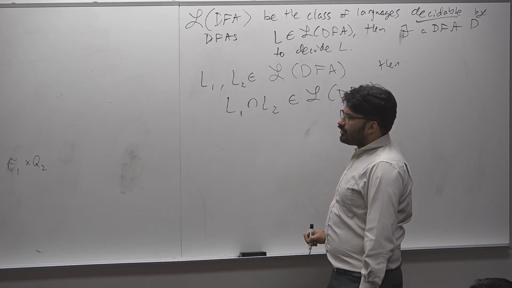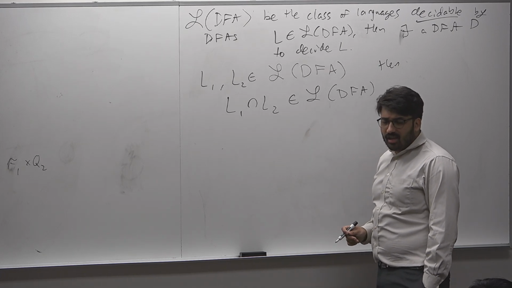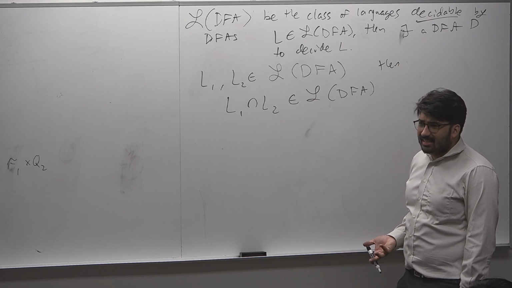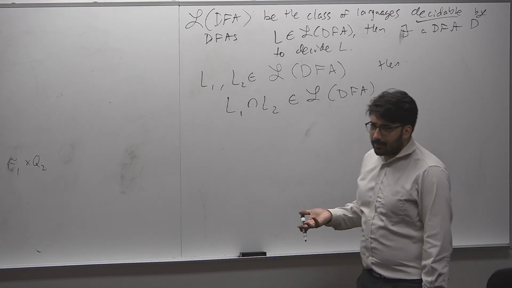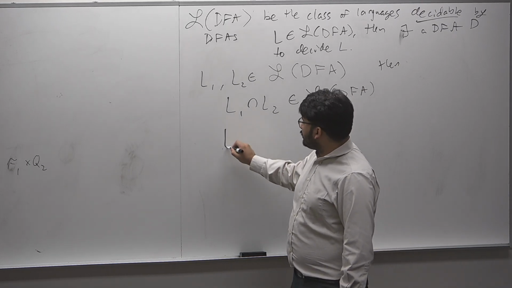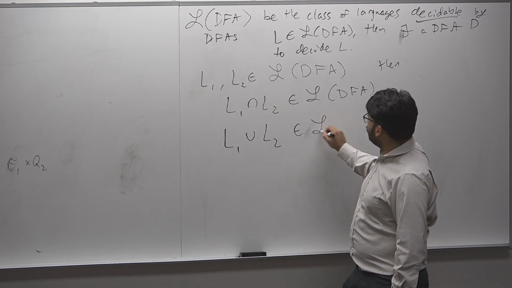We've also proven that with this construction you can just make a small modification to it because it simulates both DFAs. You only need to change the accepting criterion. So you just change it to be not just if both accept, but if any of them accept. So that was enough for us to prove that these languages are closed under union as well.